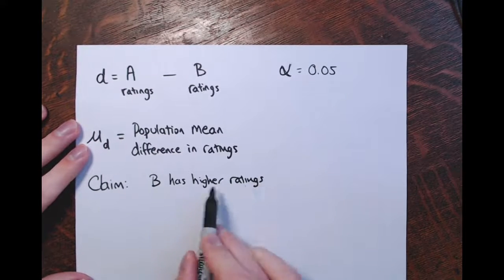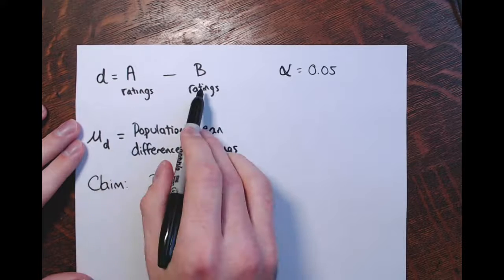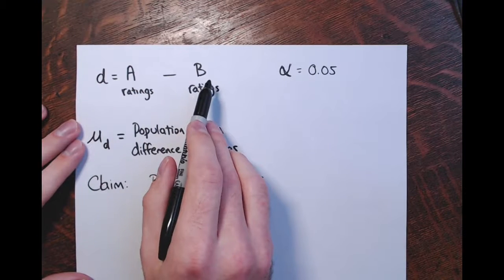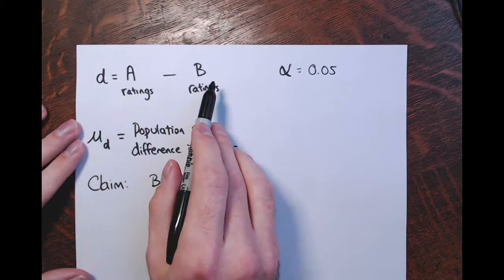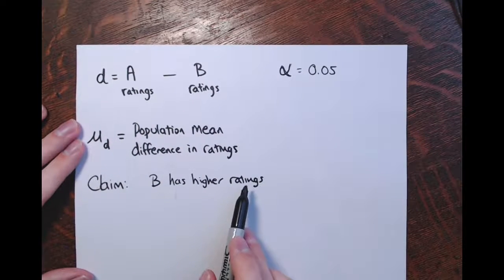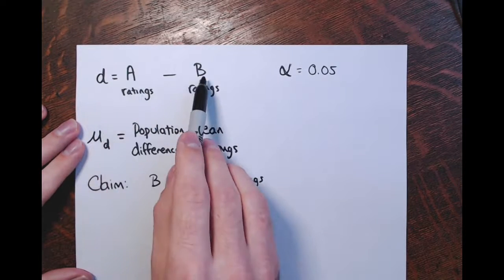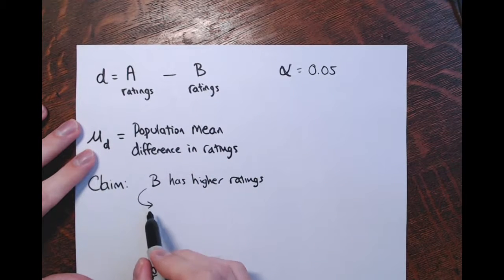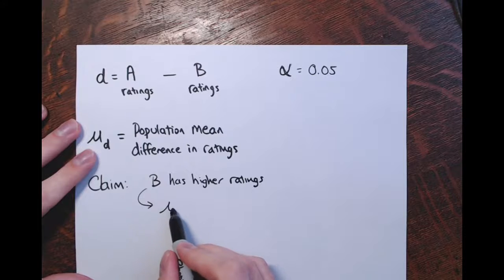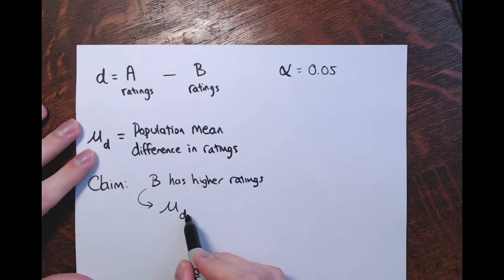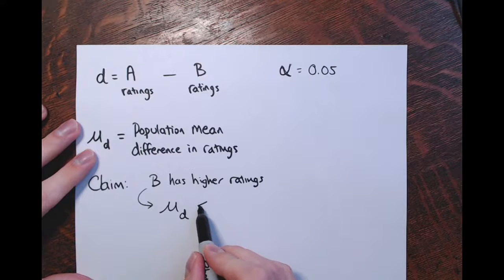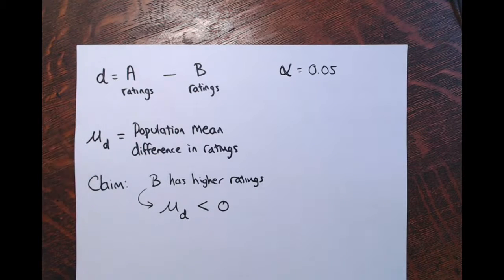To put this in terms of mu D, if B had higher numbers than A, and I do A minus B, that means this difference is going to be negative most of the time, according to this claim. If I take a small number minus a higher number, this should be negative. So saying that B has higher ratings is the same as saying that, on average, this average difference for the whole population is negative, less than 0.